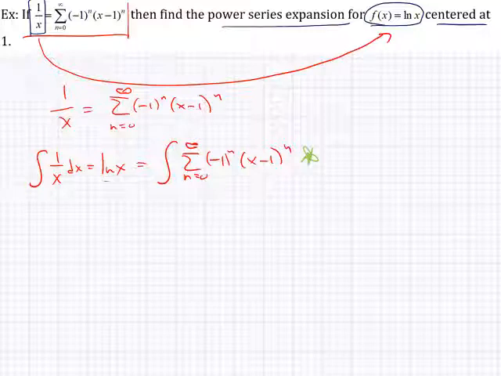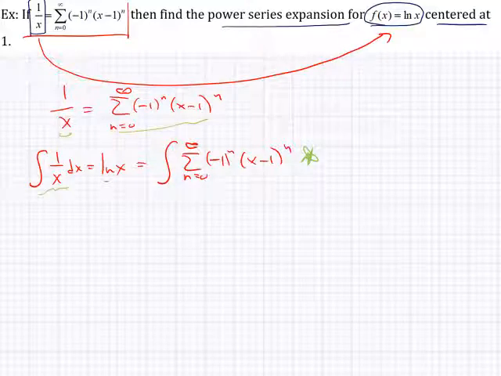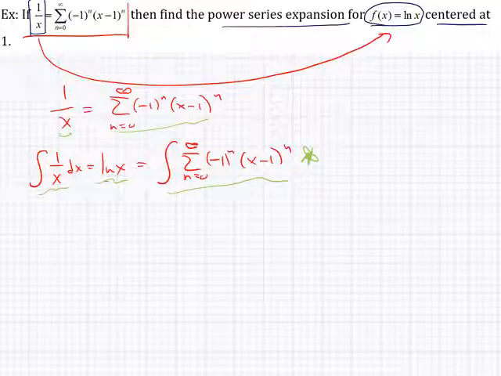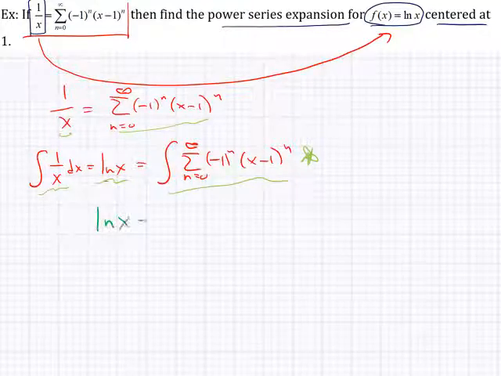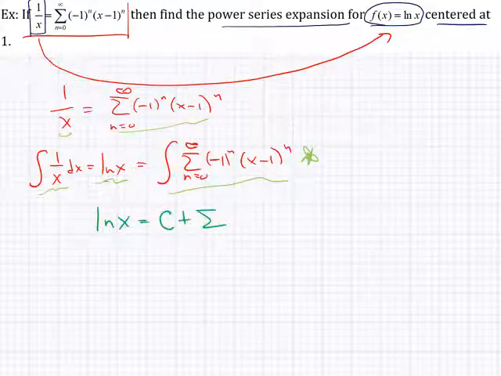So since this function equals this power series and the integral of this function equals log x, then the integral of this power series should be what the power series for log x is. So what's that going to be? Well, how do we integrate a power series? We have c plus the sum of n equals 0 to infinity of, use the power rule, -1 to the n.